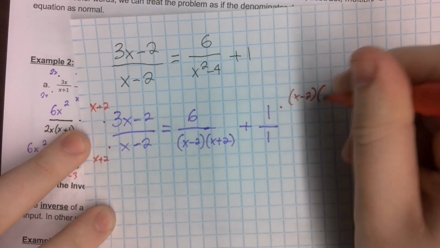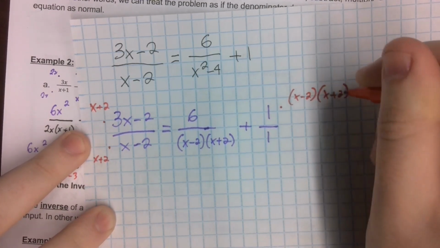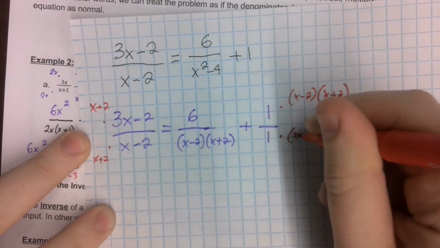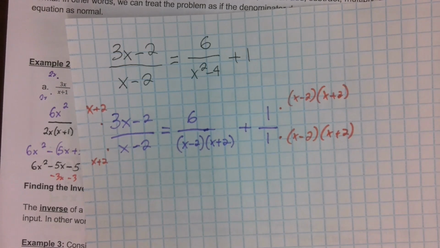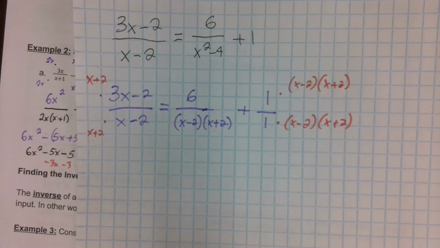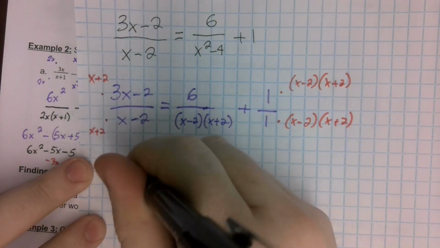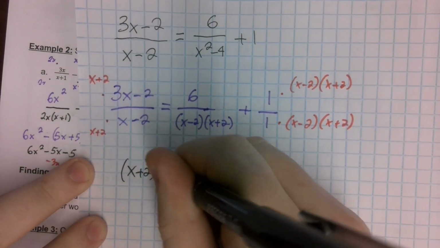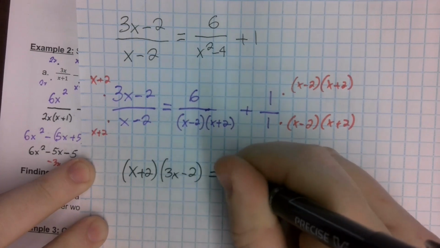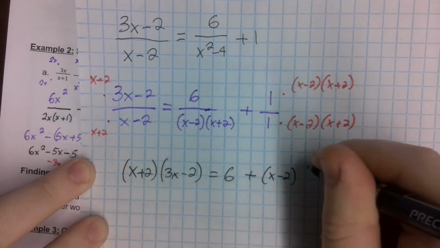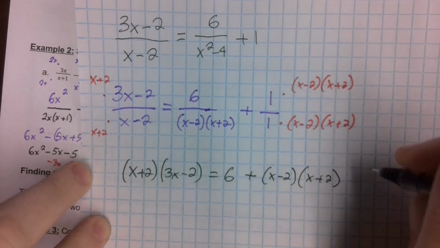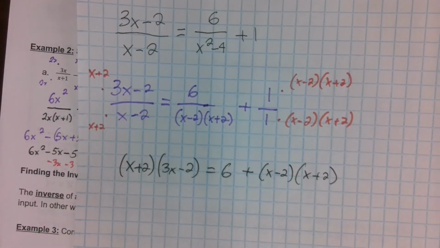What we end up getting is something that looks a little bit messy. We end up getting x plus 2 times 3x minus 2 equals 6 plus x minus 2 times x plus 2. And of course you could put all of these over x plus 2, x minus 2. I eliminated the denominators in the same step just so we don't have to write it all down again.